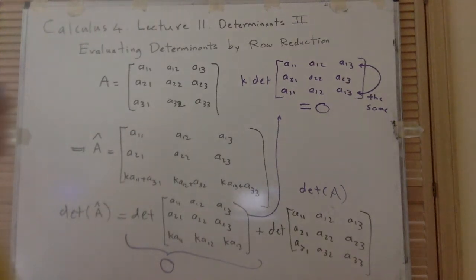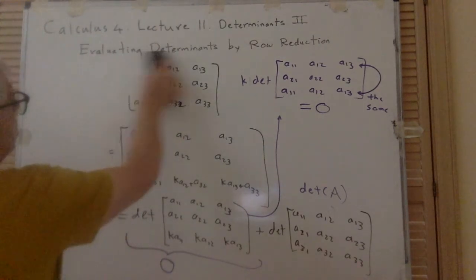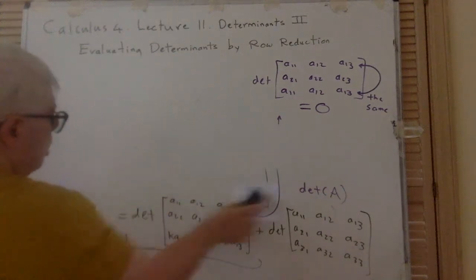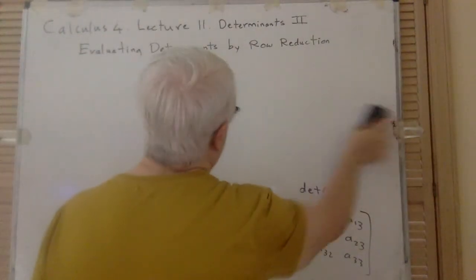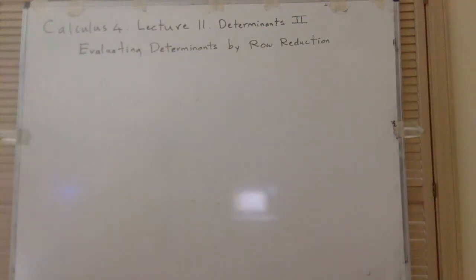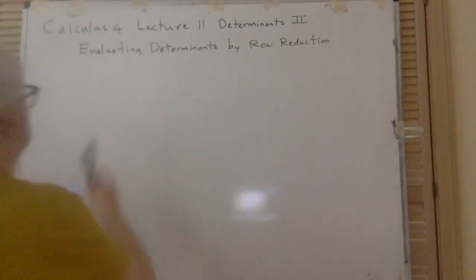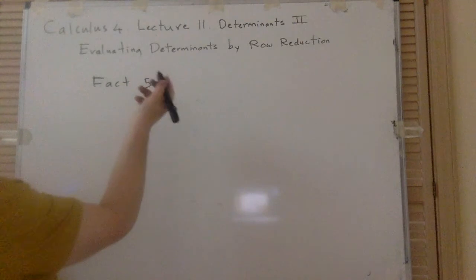So let's check another operation, the last one, and see what it does. I'm not going to prove that one, but you can guess what happens. That's fact number 5.